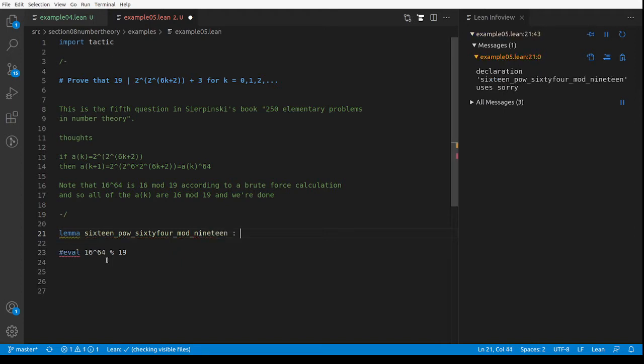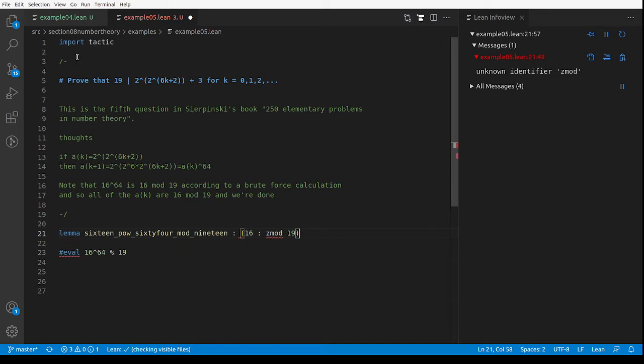My claim is that... what is the best way to say this? We've done everything with divisibility. We've never used mod 19. I wonder if I can do this: 16 in Z mod 19.